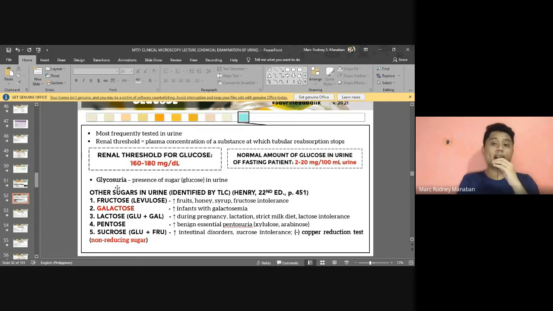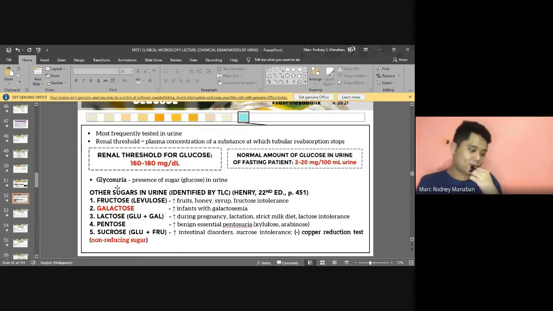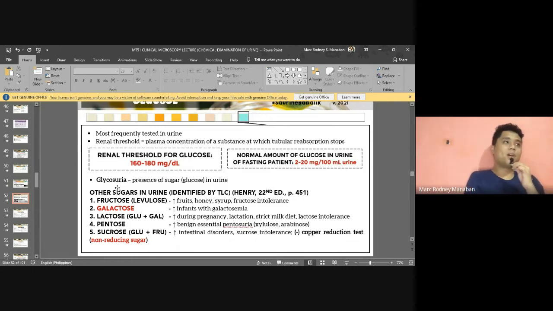That's the importance of early detection, so that the diet of the infant can be modified. You will know the patient has a defect in galactose metabolism, so the patient should not take any food containing galactose, one of which is milk. The parents will know that their child should not eat or drink anything that contains galactose. That's the importance of early detection, and that's why newborn screening is good. It is one of the advantages of newborn screening, so it can be addressed early.